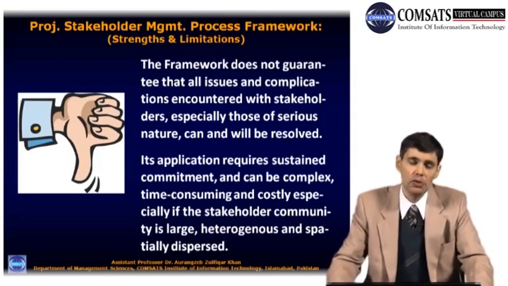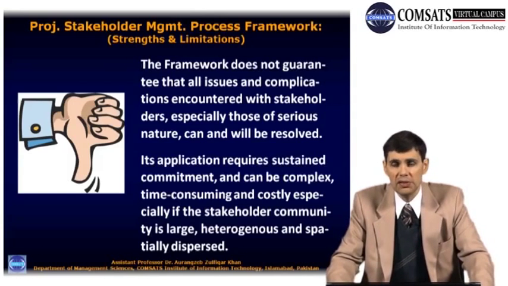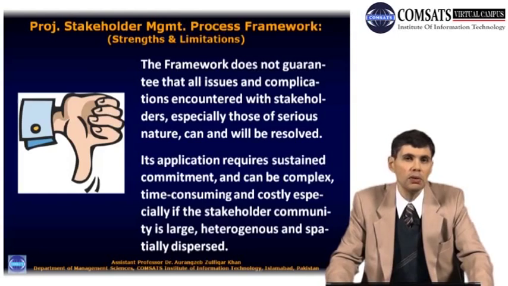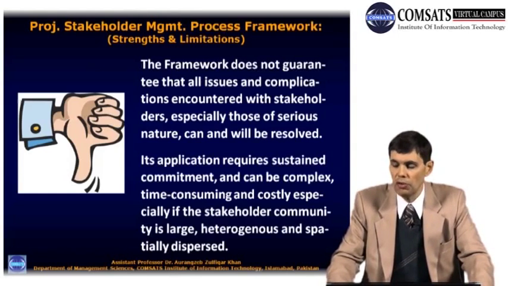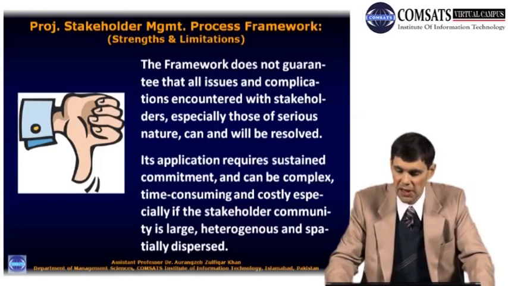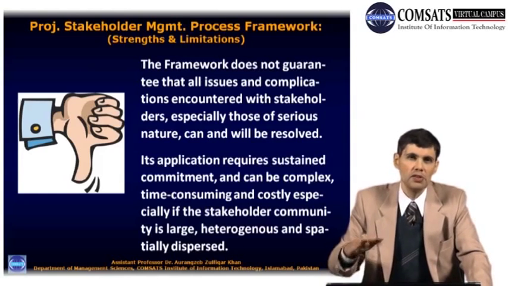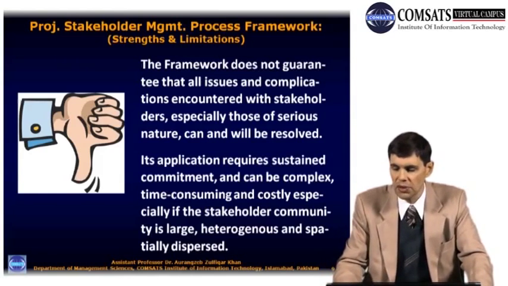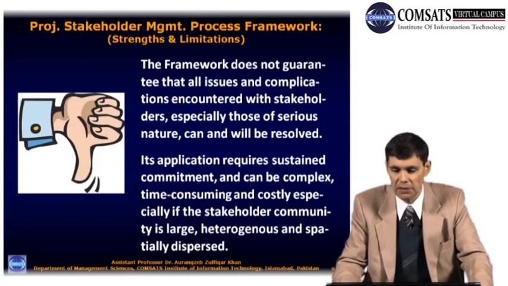And that's why I had also pointed out in one of the earliest classes of this course that stakeholder management is not magic, and you cannot always solve all stakeholder issues with it. Stakeholder issues, to some extent or the other, will always be there. The main thing is one tries to keep them under control so that they don't become an obstacle for the project.